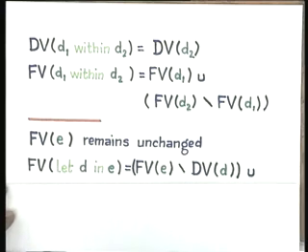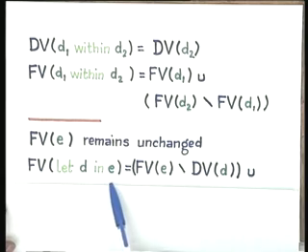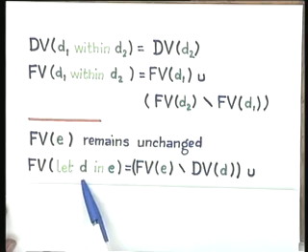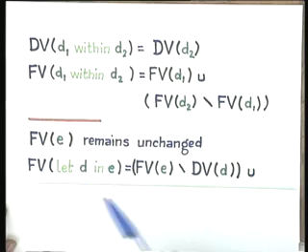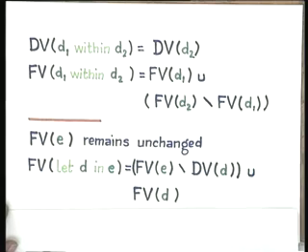And in the case of a let construct, the free variables of this are just the free variables of E, excluding all the free variables of E which have been declared in D, and including all the free variables that are already in D.